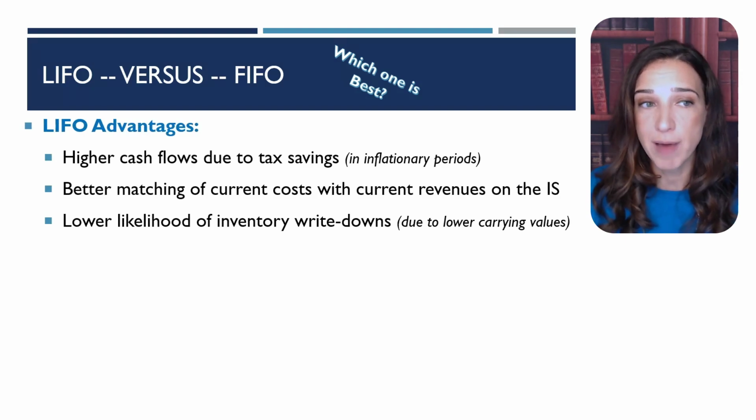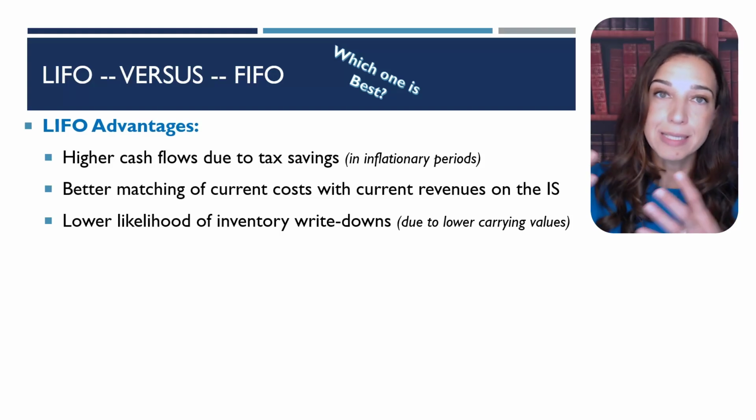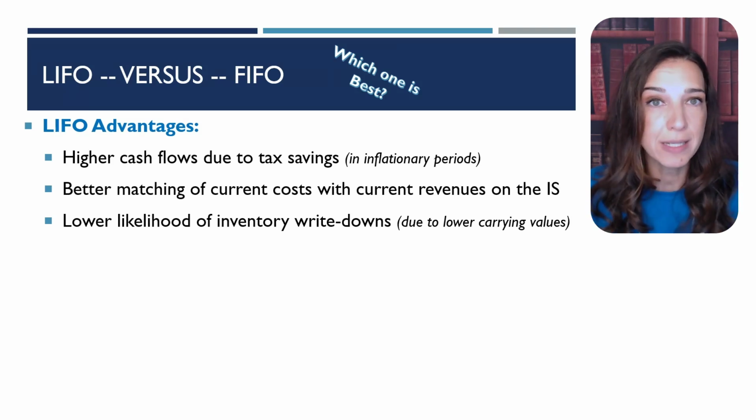There are certain advantages to using LIFO. In inflationary periods, using LIFO will lead to higher cash flows because you do have tax savings in that period. Very important also, something that a lot of people don't really think about, but LIFO actually does a good job in terms of presenting our income statement more accurately. Why? Well, because the sale prices on the income statement, the revenues, are based on the most recent sales, right?